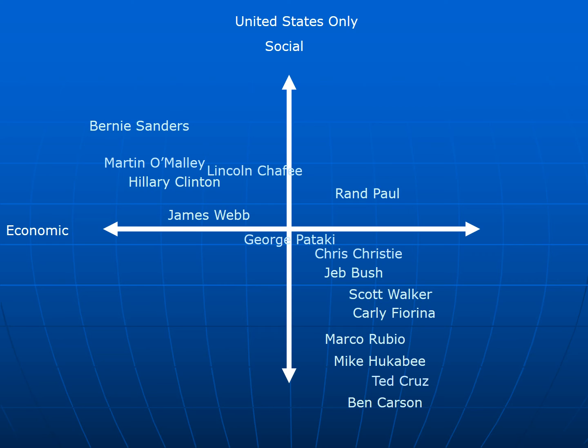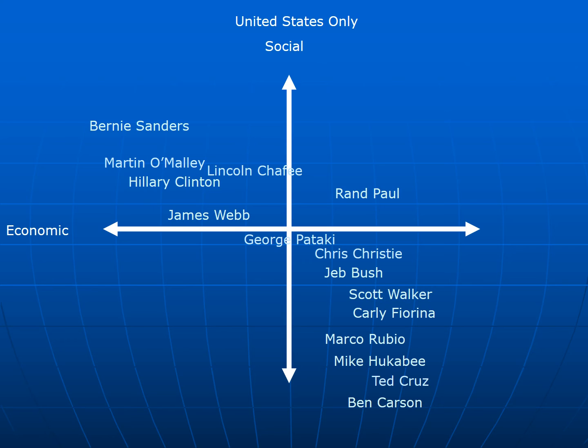But anyway, what you see here is, again, looking at the scale, social liberals on the left, social conservatives on the right, economic liberals below the horizontal line, economic collectivists above. And you see Bernie Sanders believes that you should use the government to regulate the economy.